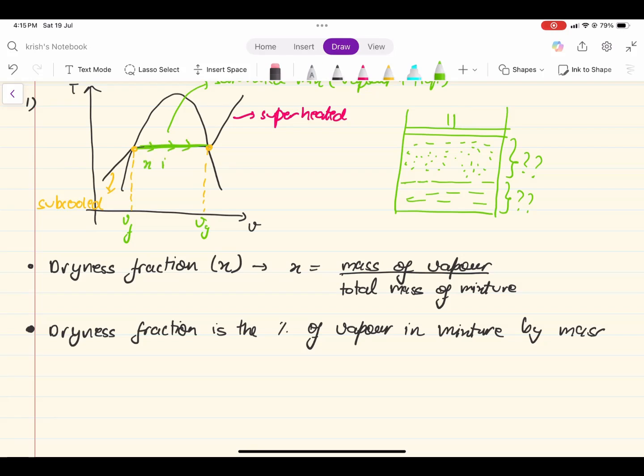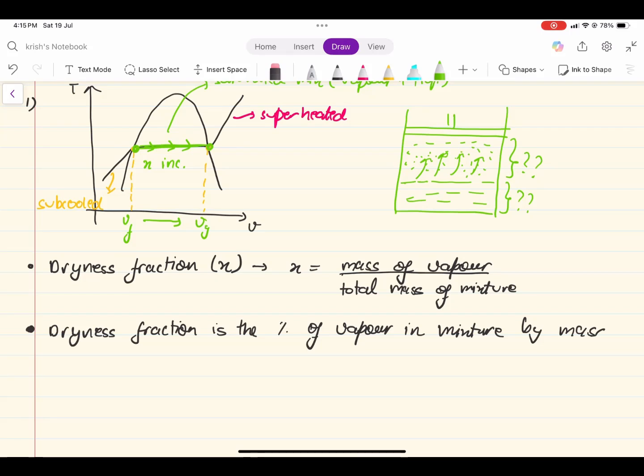x increases. Why does that happen? See, because we are going from Vf to Vg. That means we are going from the subcooled region to the superheated region. And we know that from this point to this point, more and more liquid gets converted into vapor.